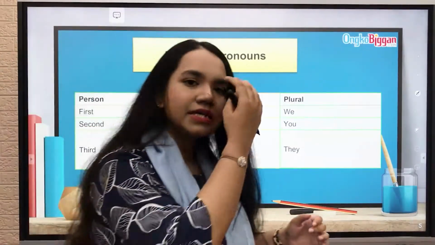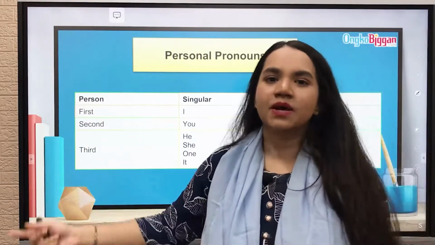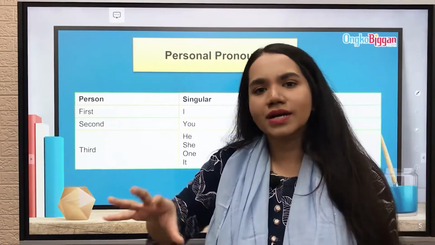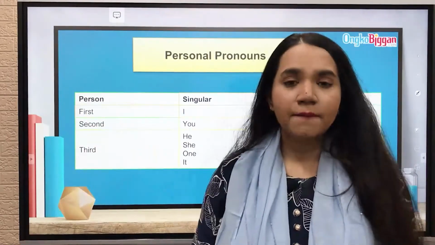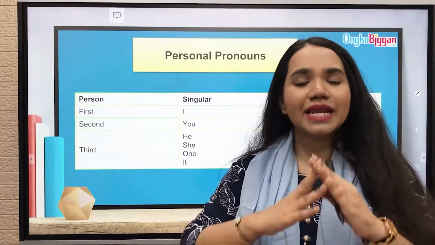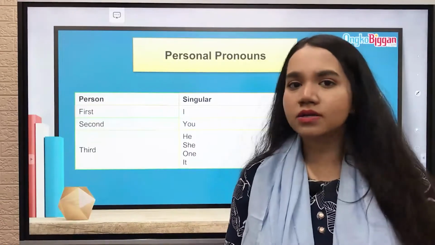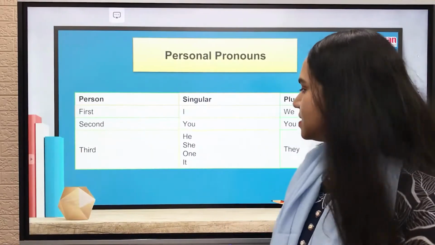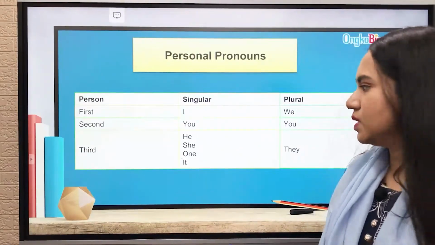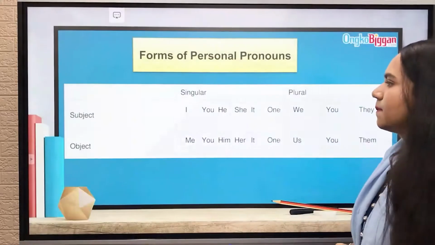If I use the sentence, one must do what one wants, this means that any person must do what that person, what he or she wants. But if I want to eliminate gender in this sentence, I will not say he or she. I can just say one, meaning that this one can be any person, any individual. And then it. And finally for plural, we have third person as they.